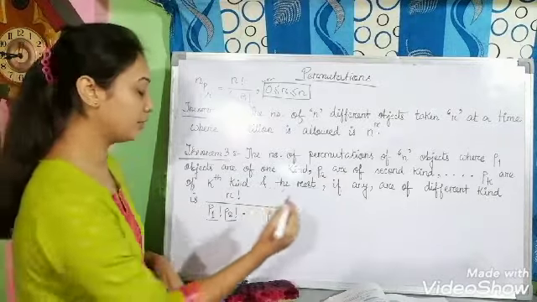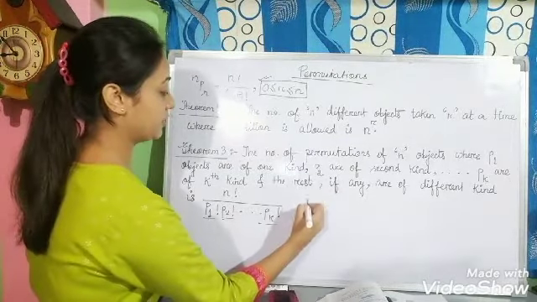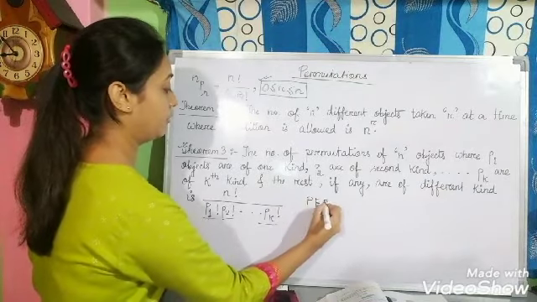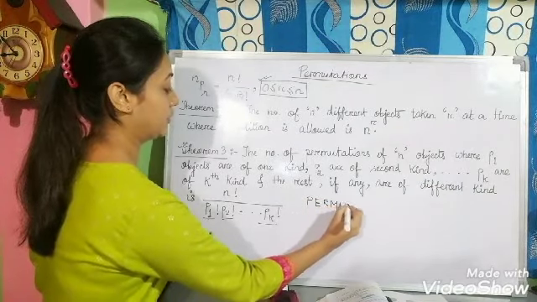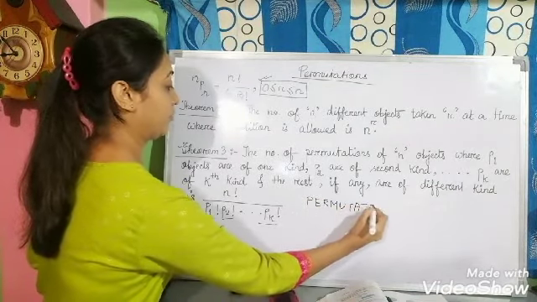For example, suppose we are considering the word permutations, where the number of letters is 1, 2, 3, 4, 5, 6, 7, 8, 9, 10, 11, 12.